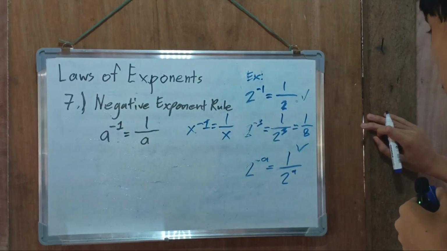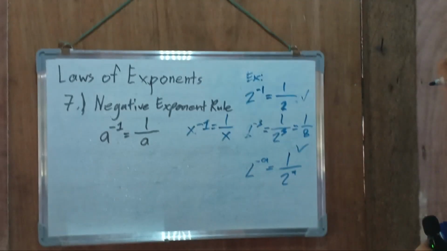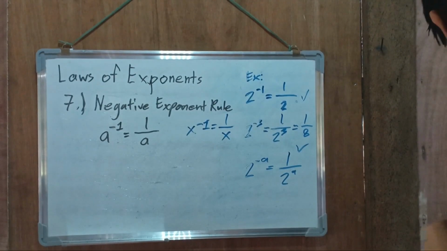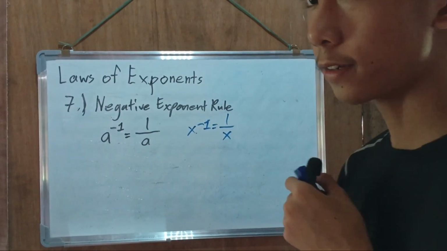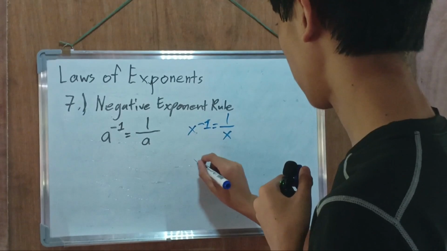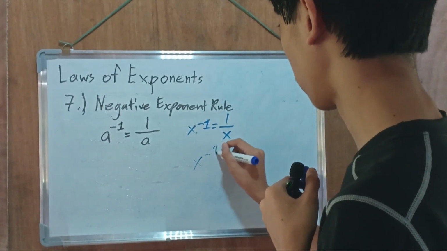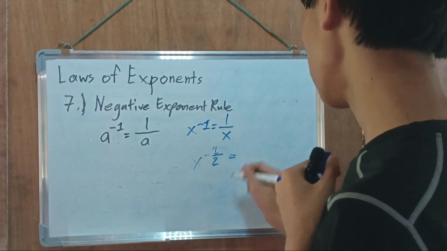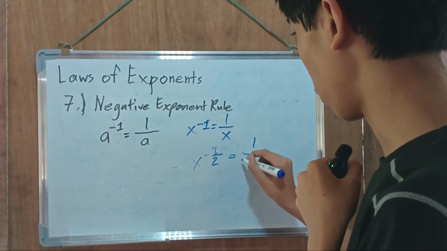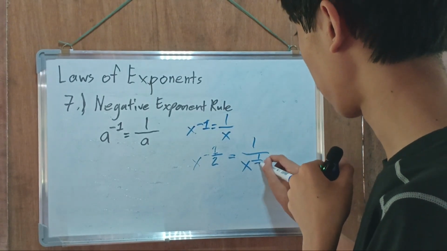I'm just going to erase everything. Also, if there's a fractional exponent like x raised to negative 1 half, the answer here is 1 over x to the 1 half.